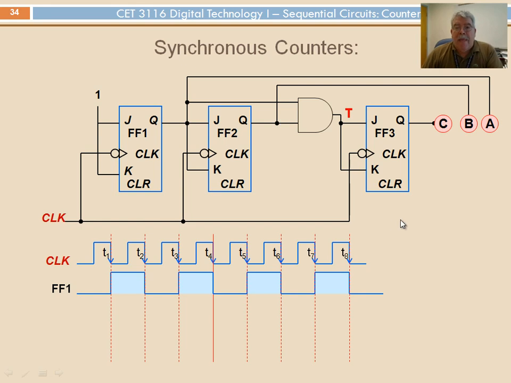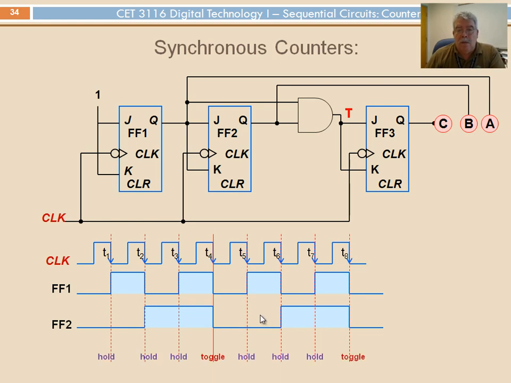Okay? So the flip-flop 2 will change pretty much following the same feature as before. And then the third flip-flop will follow according to the value of T.